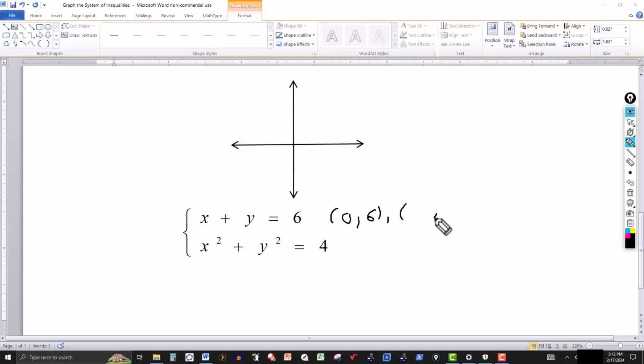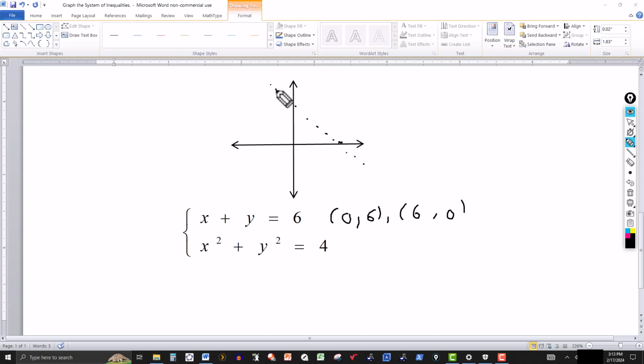Replace the y by 0, and we get x equal to 6. So this line passes through the point (0, 6), let's say that's up here somewhere, and (6, 0) is over here somewhere, and the line passes through those two points.